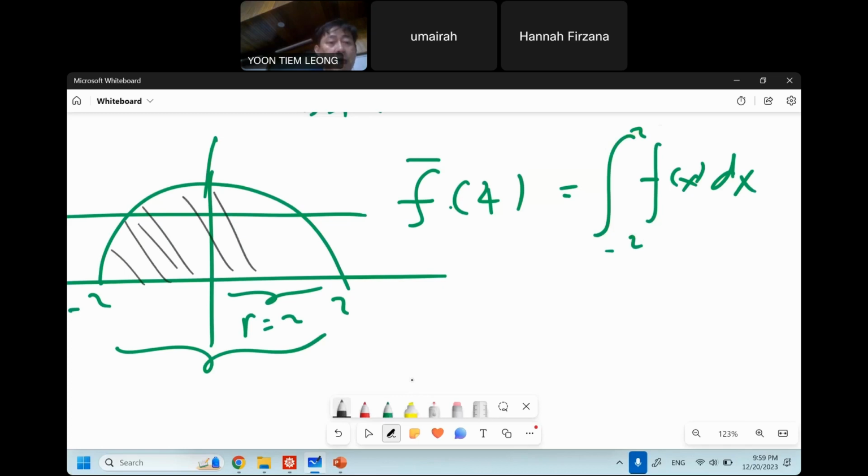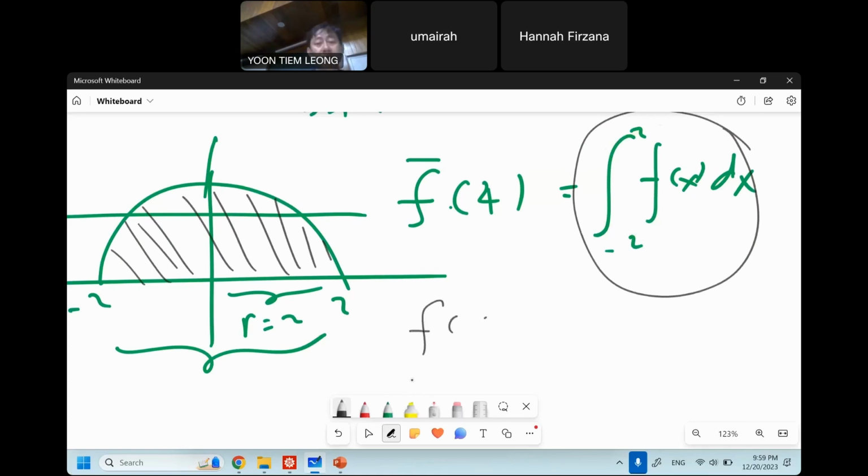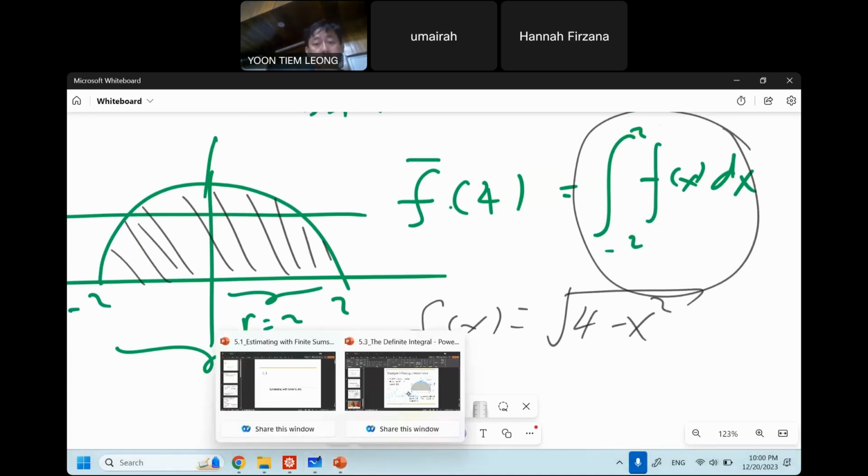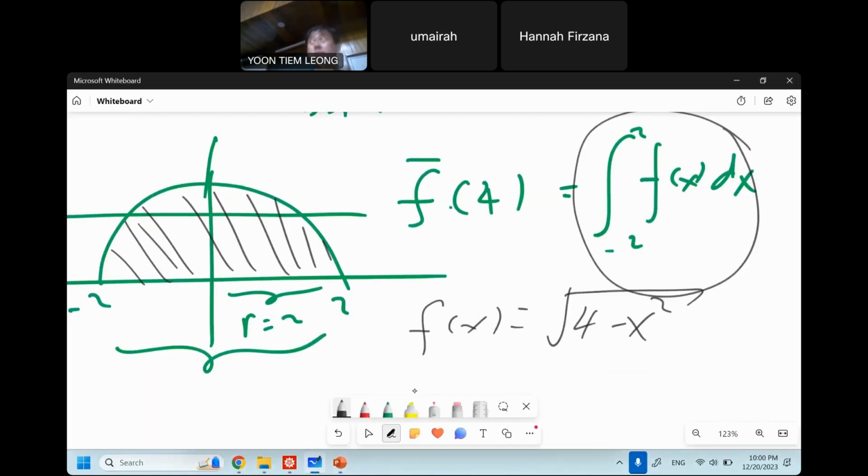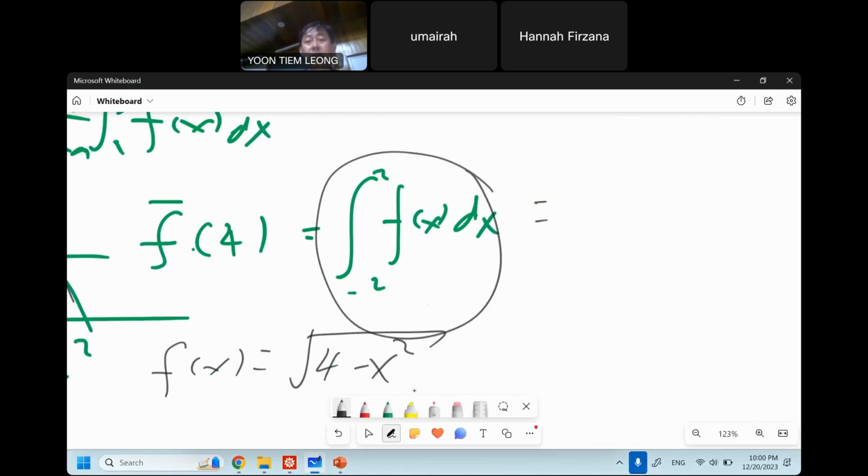So here, this is just the area of the circle. Okay. So how do I calculate the definite integral of this function f, where f is the complicated function square root of 4 minus x squared? To calculate this integration, it's actually not easy if you use the definition of the Riemann sum.